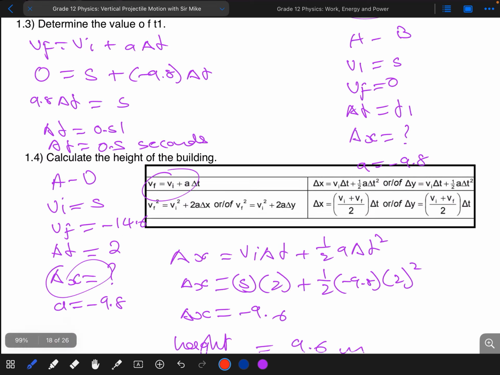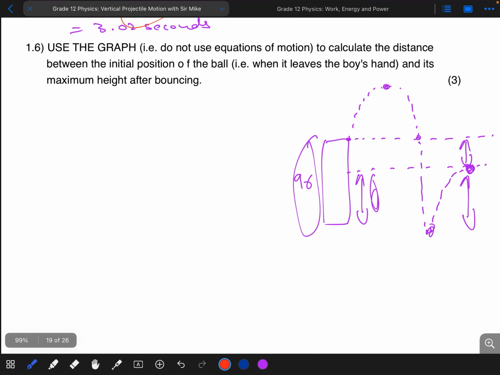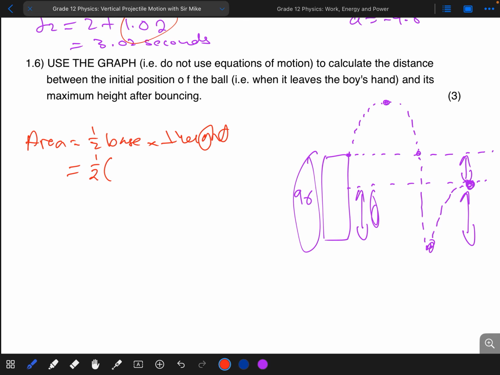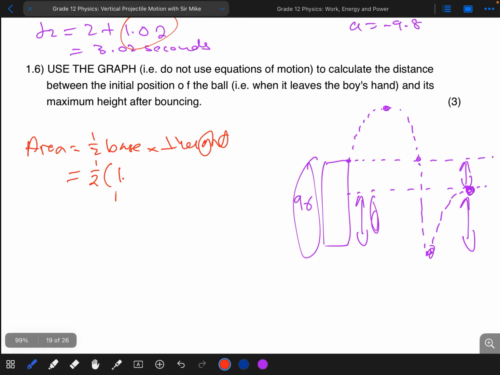So what I'm going to do is say area is equal to a half multiplied by the base and multiplied by the perpendicular height. Forgive my handwriting there. So I'm going to have a half multiplied by time, we said that's 1.02, multiplied by the height.